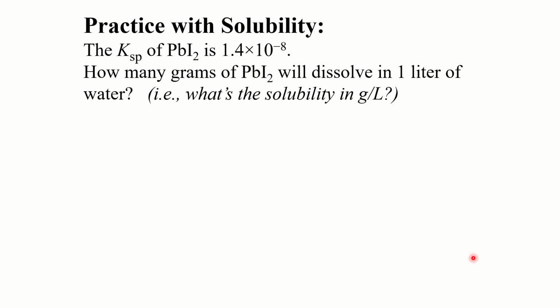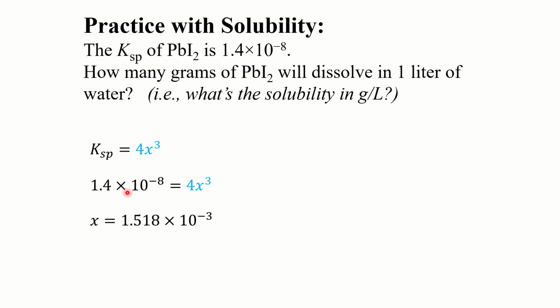So x times 4x squared gives 4x cubed. And our Ksp value given was 1.4 times 10 to the negative 8th. So we can say that 4x cubed equals 1.4 times 10 to the negative 8th. We can solve for x. We get x equal to 1.518 times 10 to the negative 3rd.